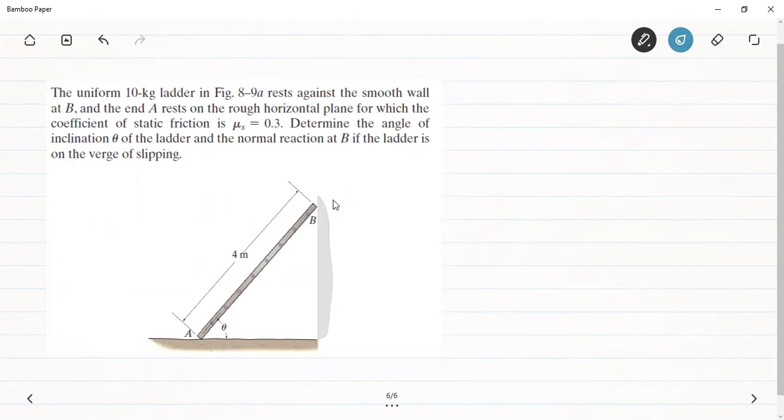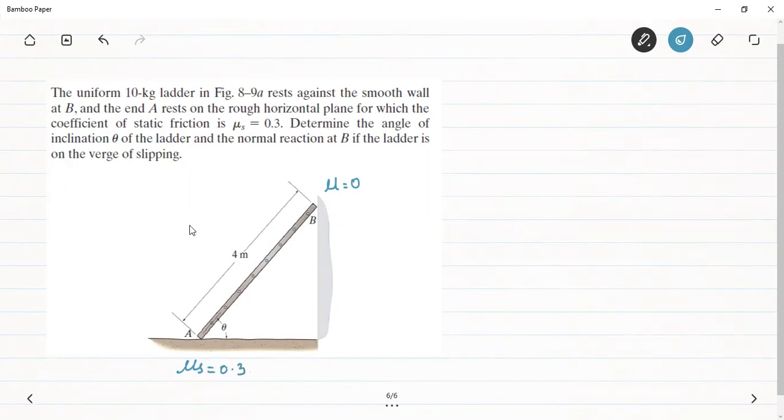You can see that this is the wall and it is smooth, therefore the coefficient of friction here will be 0. Therefore, there won't be any friction force between this end of the ladder and the wall. And the end A rests on the rough horizontal plane, for which the coefficient of static friction mu s is given as 0.3.